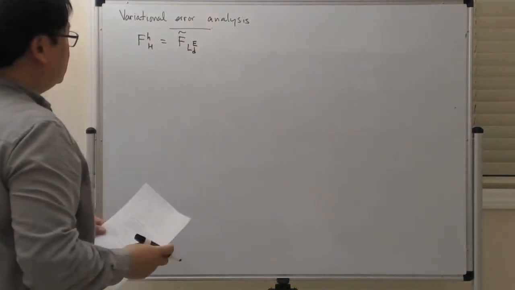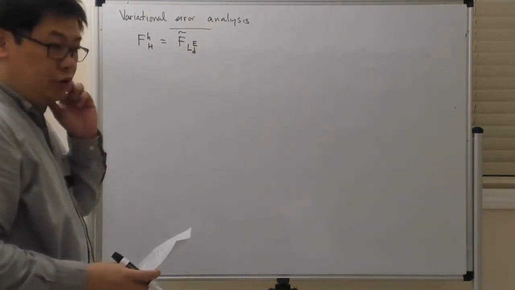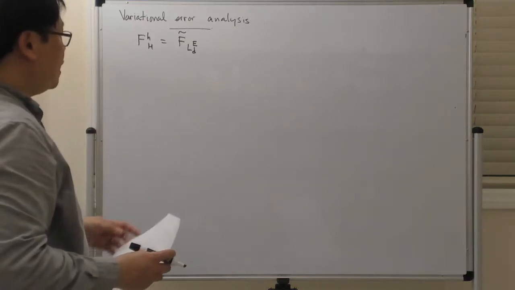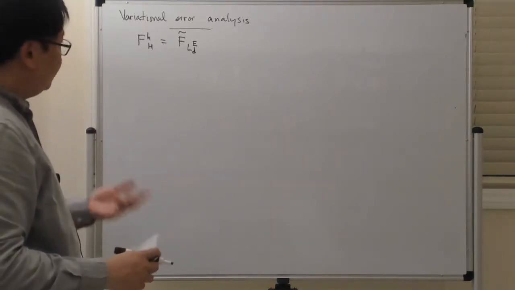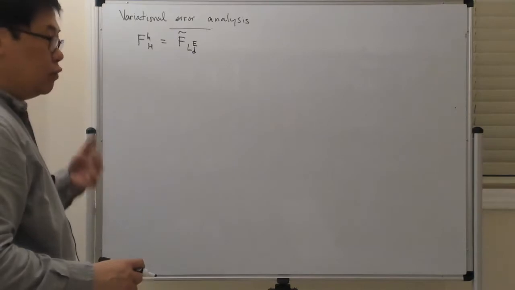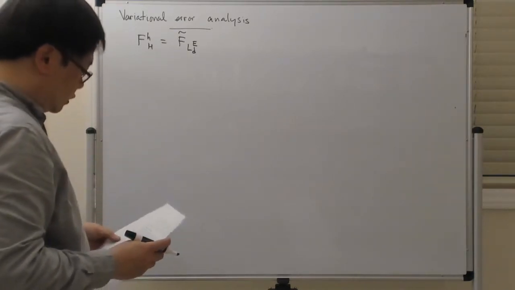Put another way, if you could compute the exact discrete Lagrangian and use it to generate a symplectic map, then it's going to agree with the time h flow of Hamilton's equations.